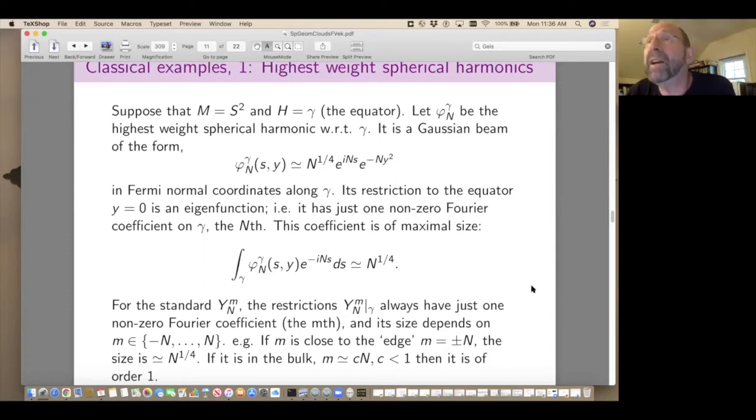That's right. Generally what you mean is that if you have a hypersurface, or a curve on a surface, you look at a collection of curves where you fix the distance to your H. So these are like Fermi normal coordinate level sets.